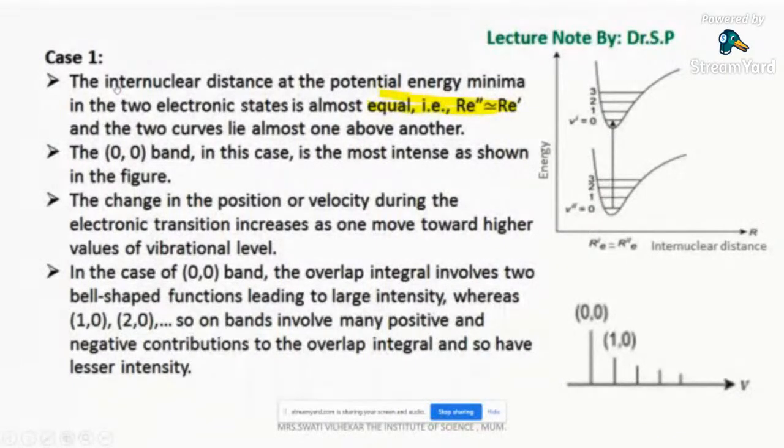The change in position or velocity during the electronic transition increases as one moves toward higher values of vibrational level. In the case of the 0, 0 band, the overlap integral involves two bell-shaped functions leading to large intensity, whereas 1, 0, 2, 0, and so on bands involve many positive and negative contributions to the overlap integral and so have lesser intensity.